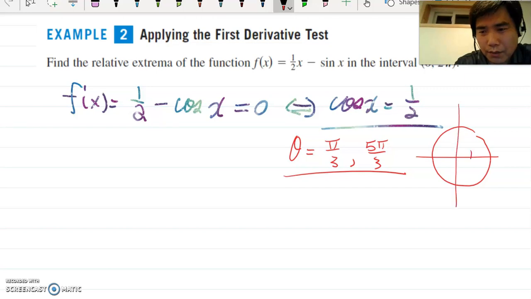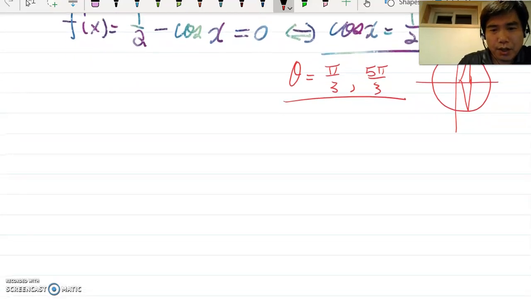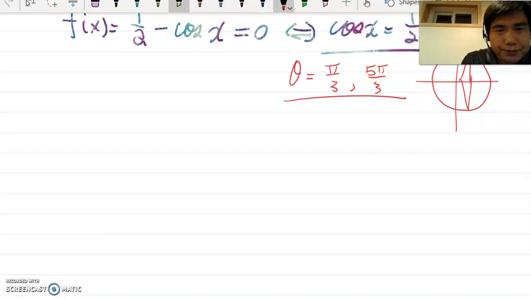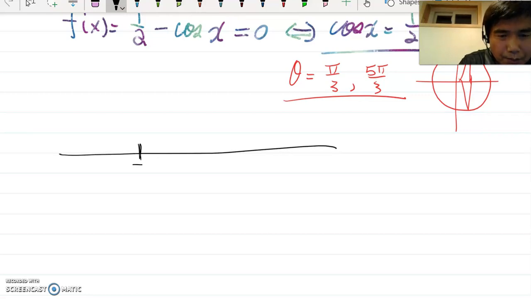Cosine half means right here, so this radian and then this other radian here. So we can say pi over 3 and then 5 pi over 3. Okay, so then we can make intervals here: pi over 3 and then 5 pi over 3.